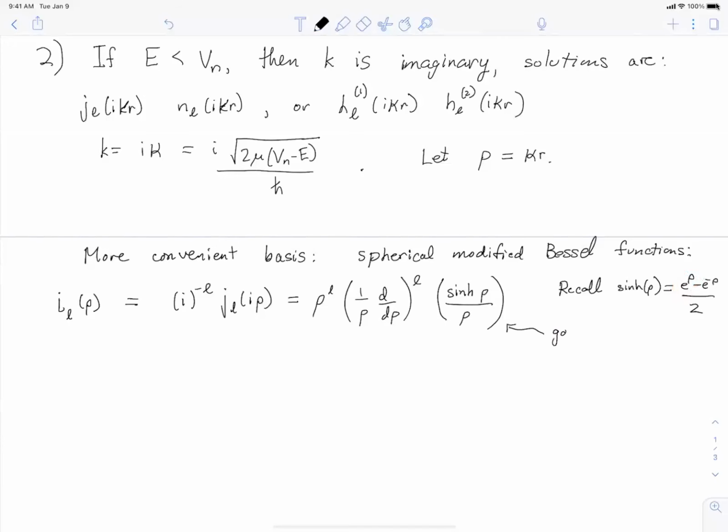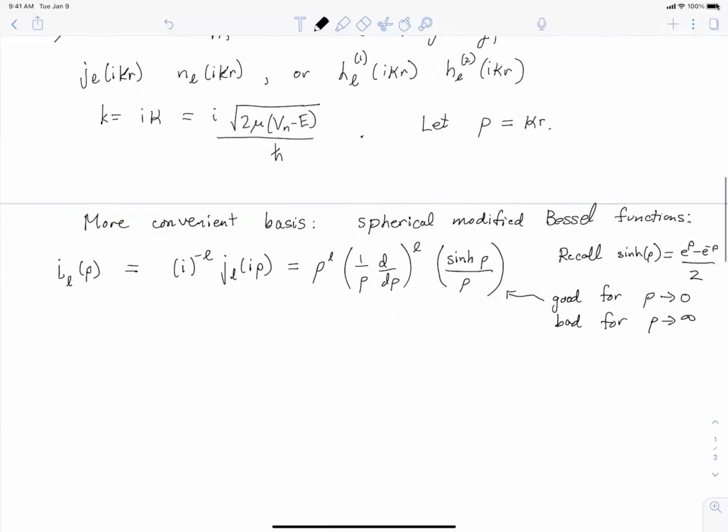These are good for rho goes to 0, and they're bad for rho goes to infinity. So if you're in a region that extends out to infinity, you don't want to use these functions. And if your region extends to rho equals 0, or the radius is 0, then it's probably a thing to consider, at least, that it might be useful.